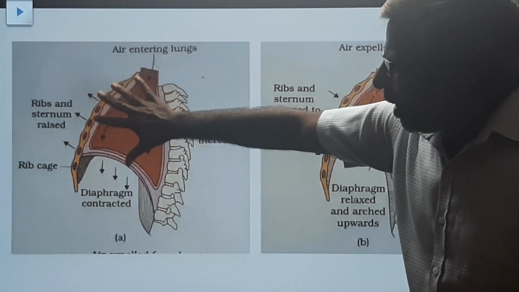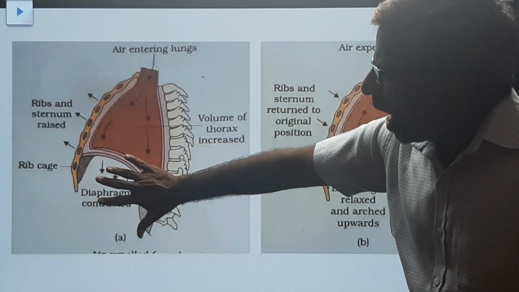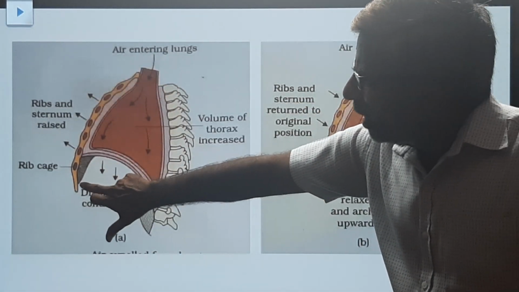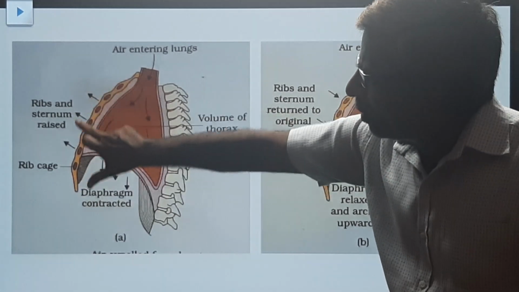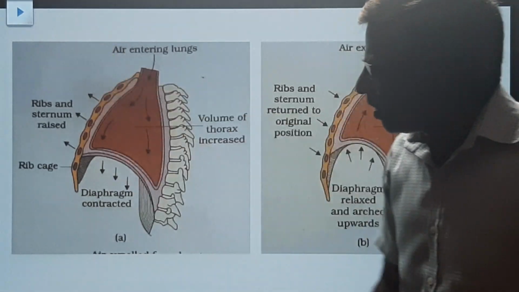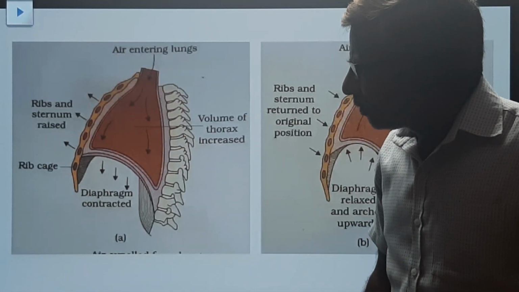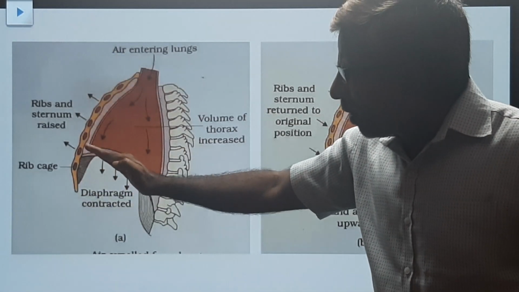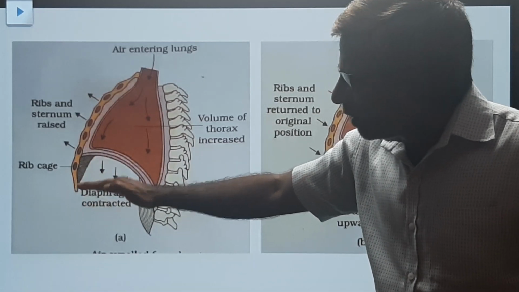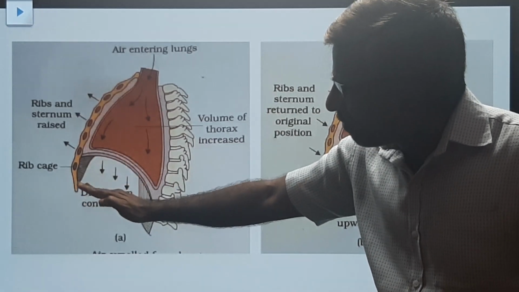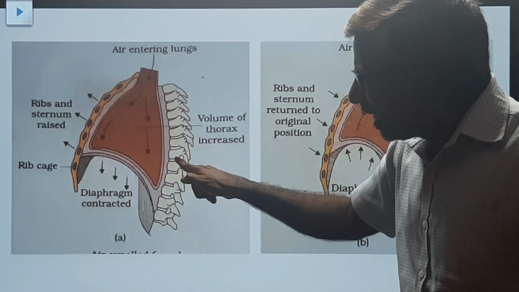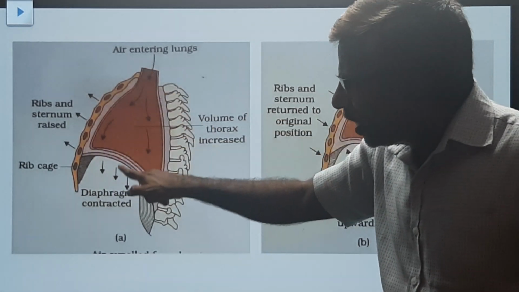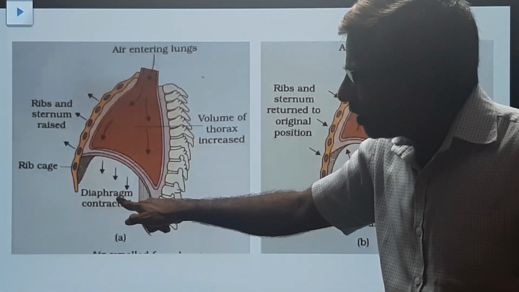This is inspiration. Here the rib cage along with the sternum moves in an upward direction. The dome-shaped diaphragm becomes flat. So the dorsoventral area increases, and the anterior-posterior area also increases.